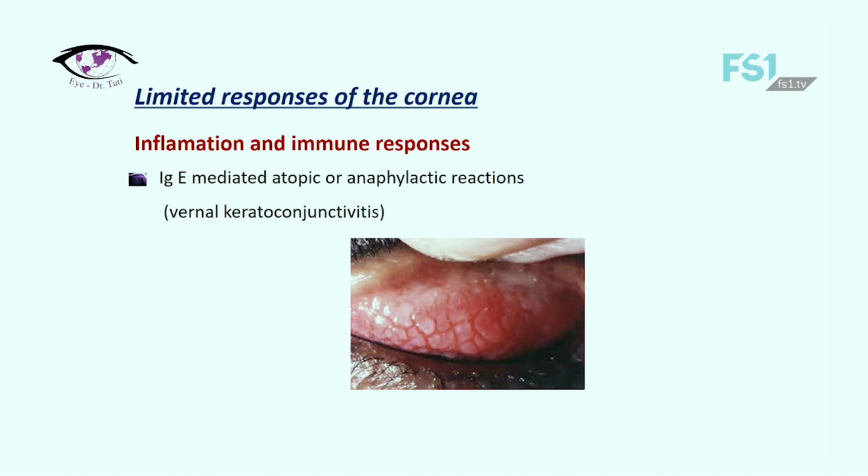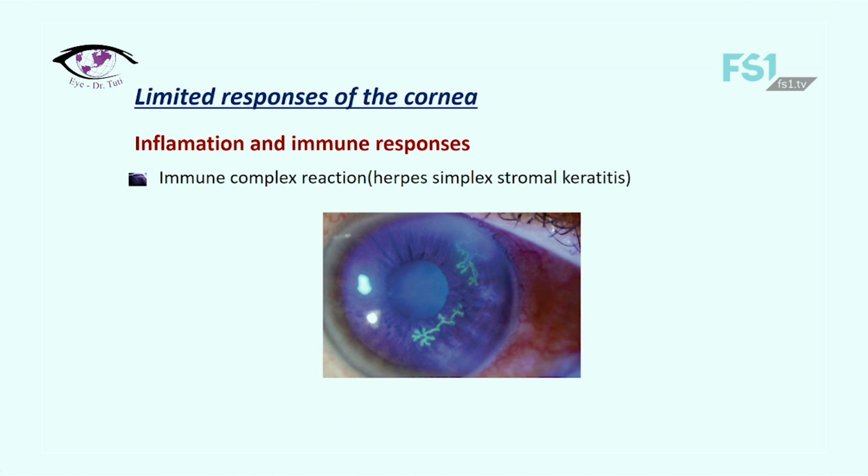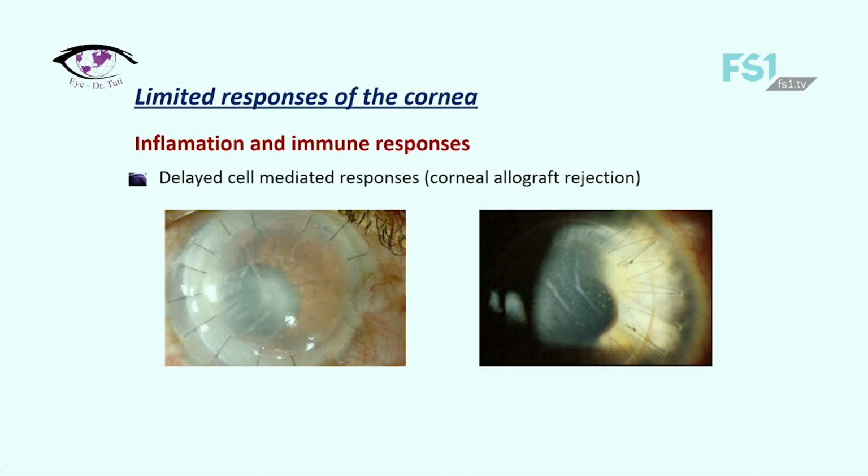Here you can see the picture of the typical conjunctival inflammation. The next is antibody-mediated cytotoxic reaction in case of Mooren's ulcer. Immune complex reaction in case of herpes simplex stromal keratitis, and delayed cell-mediated response in case of corneal allograft rejection.